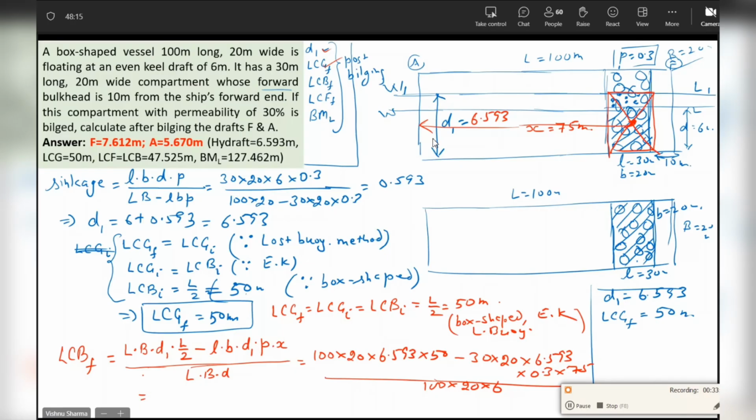And this should be coming as it's already given in the answer, 47.525 meters. Yes or no? Please calculate, look at it, satisfy. If you have any doubts, let me know. Yes, sir, 47.525. Guys, anybody has any doubts, please review it properly.